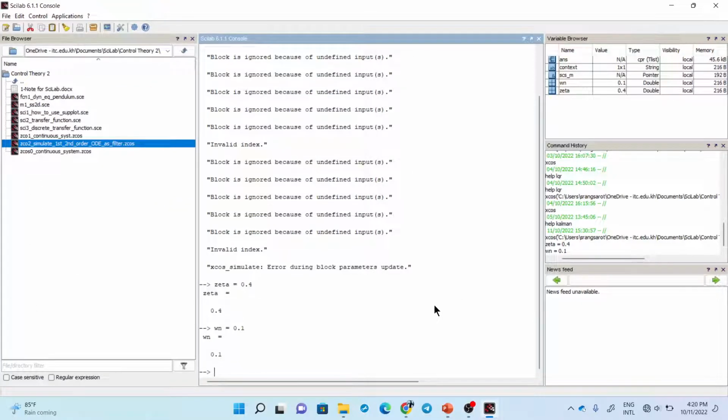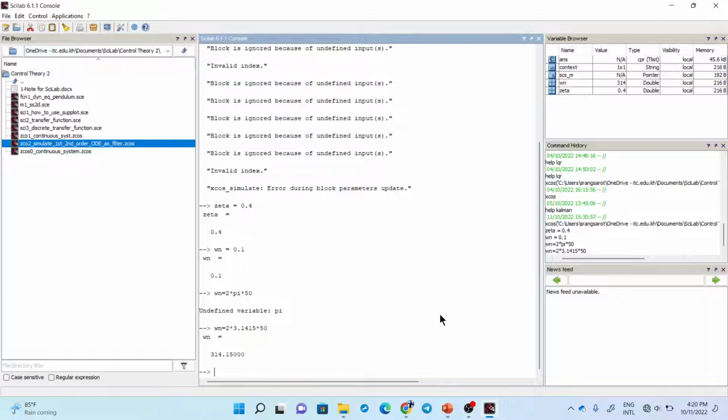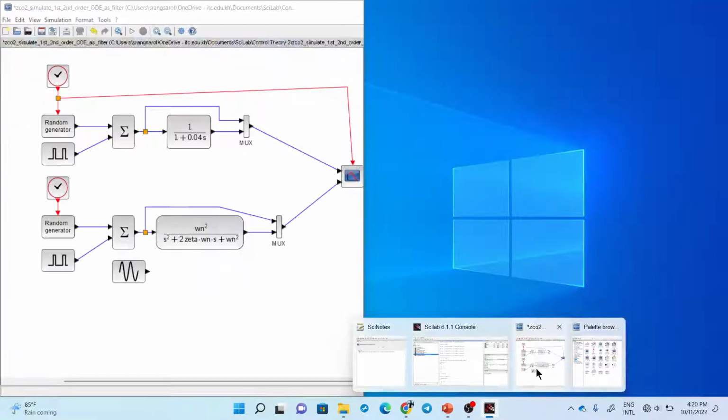That's my mistake. So omega n equal to, let's say, 2 times pi times 50. Undefined variable pi. Oh, I see, so 3.1415. Now I change omega n and run this one again.